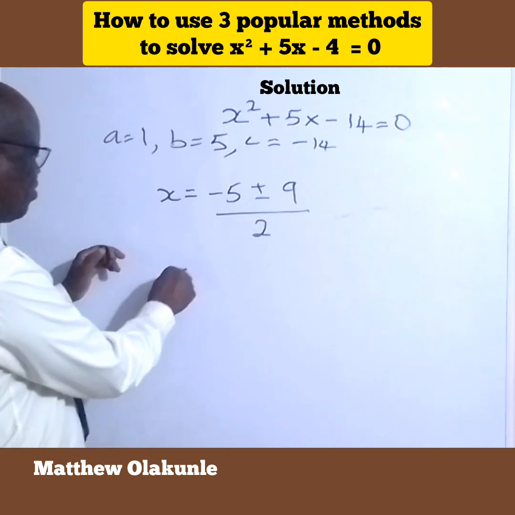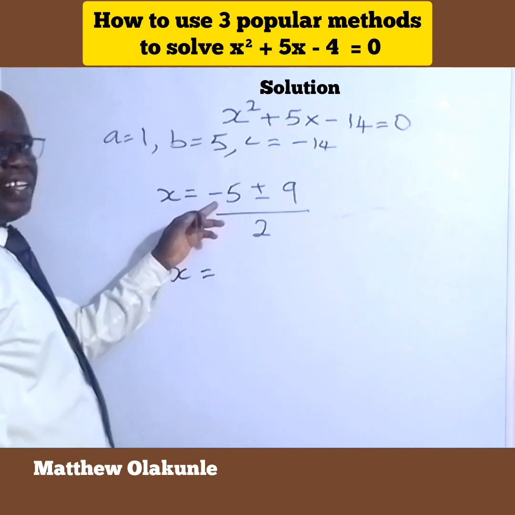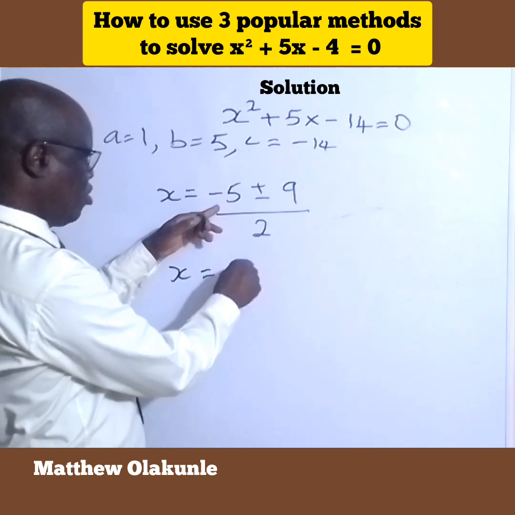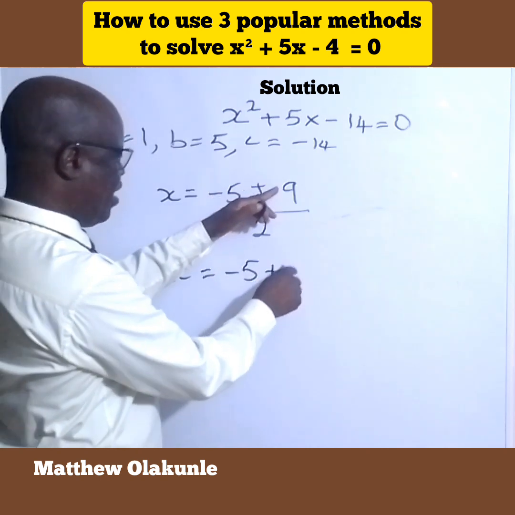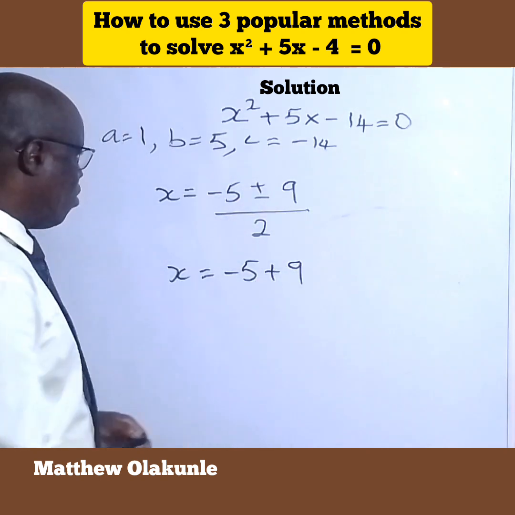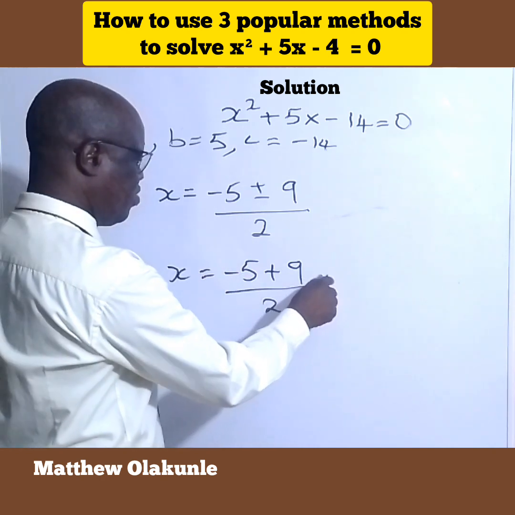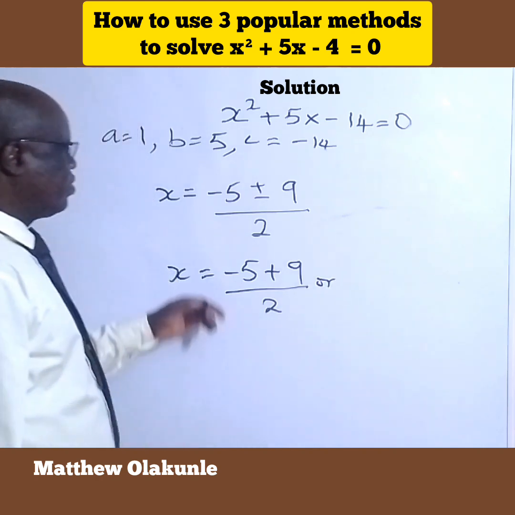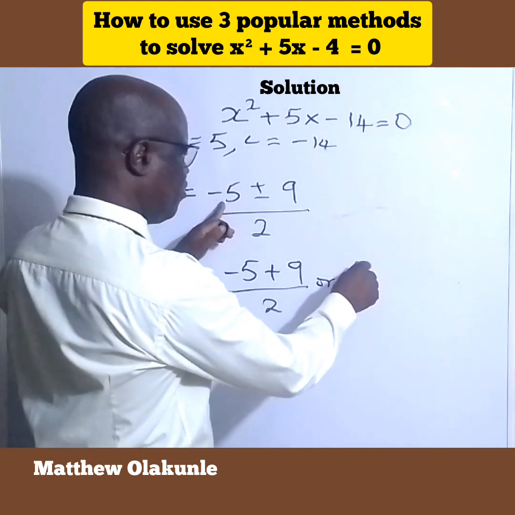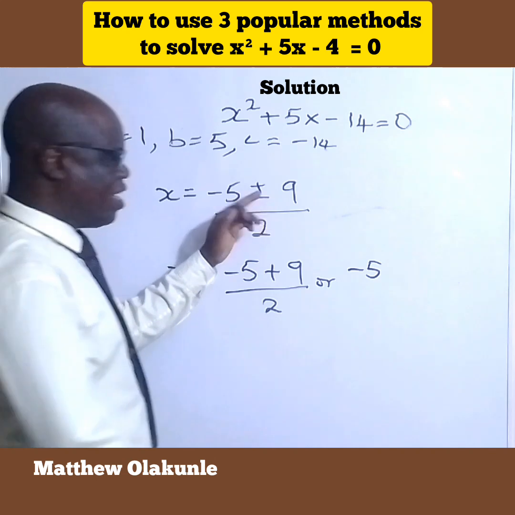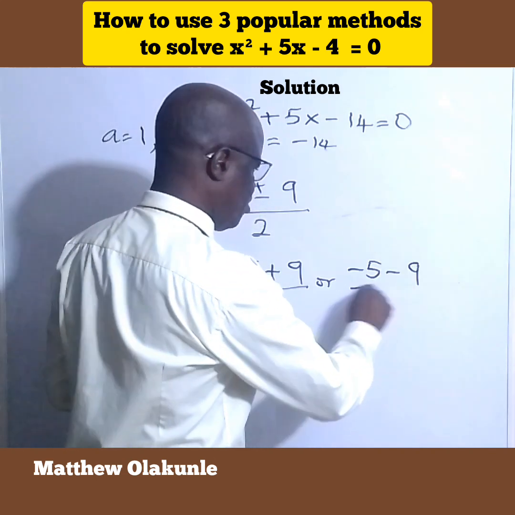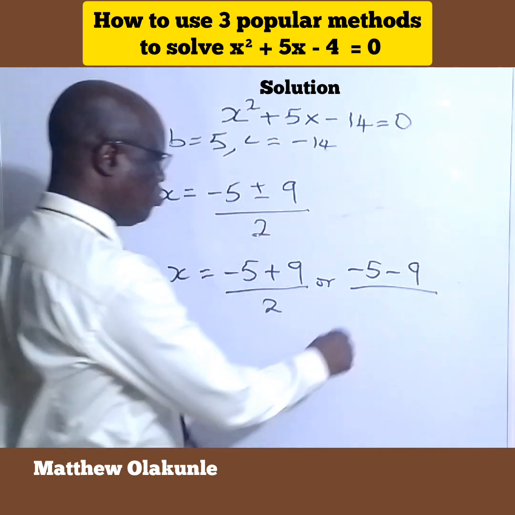You have your x is equal to, it is either minus 5 plus 9, divided by 2, okay, or minus 5 minus 9, divided by 2.